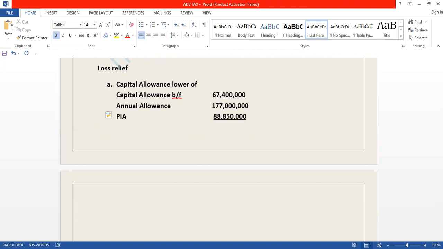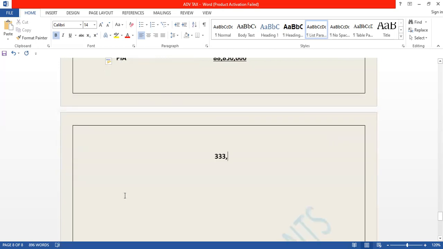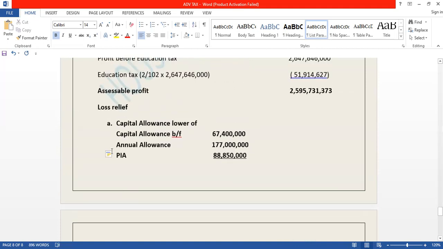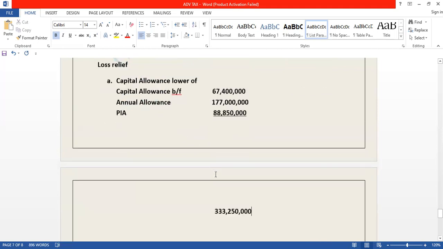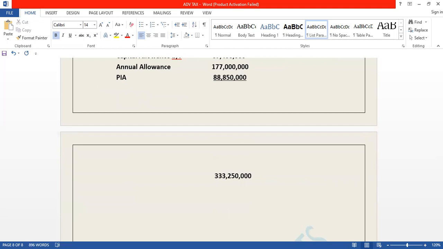We have 333,250,000. Okay, so this is the first part as far as allowance is concerned. Now the other aspect is the other one we need to test. This figure we just got now is what we call balancing allowance.